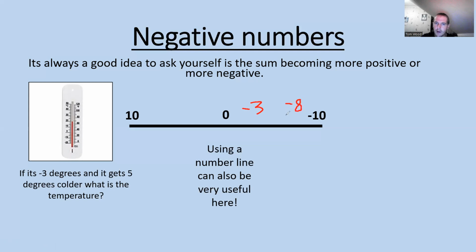I'm going to end up at -8. If this was written out, it would just be -3 take away 5, or -5. Just think to yourself, is it becoming more negative? It can be a little bit confusing, so that's why I just wanted to make sure that we're all very clear on this. The other thing that always works is thinking about this in terms of money. So our answer there is going to be -8.